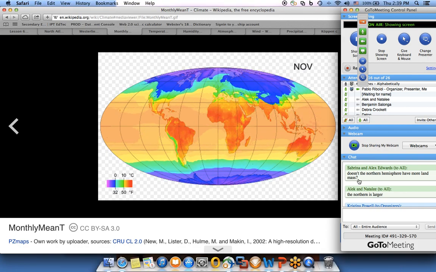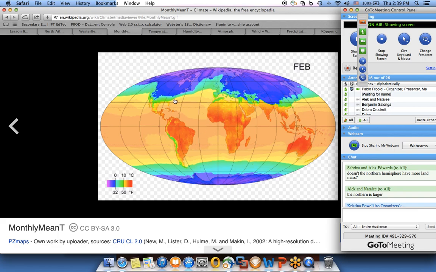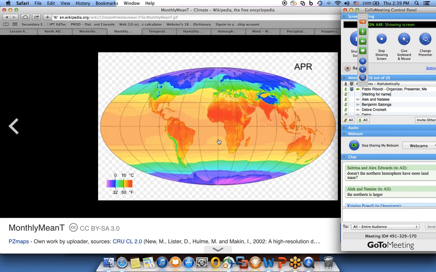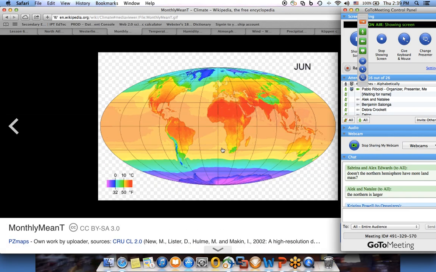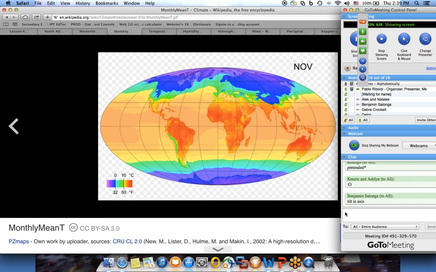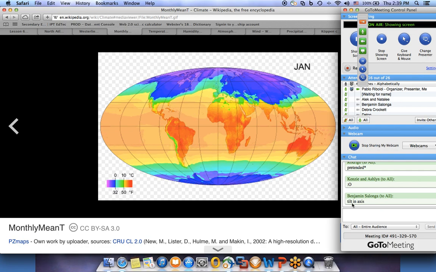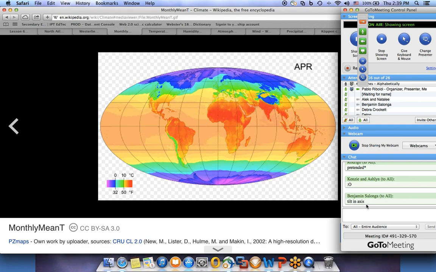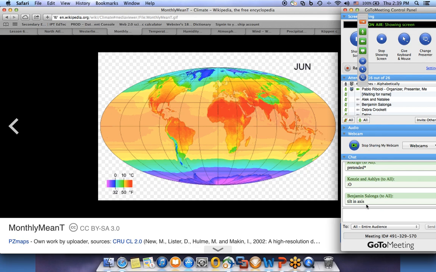What is the reason for the colder climate and temperature average in the northern hemisphere? The tilt in the axis makes the change in the seasons, all right?